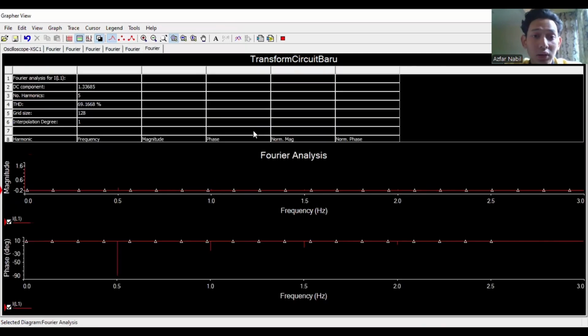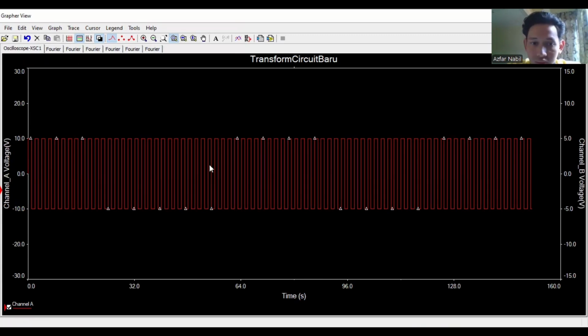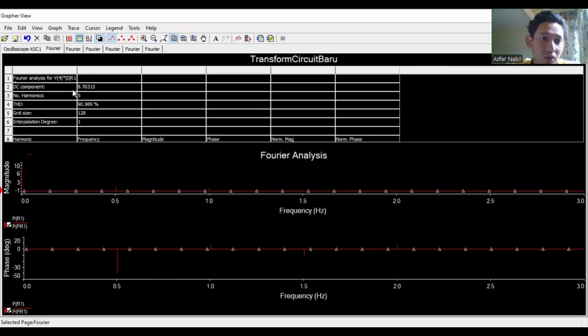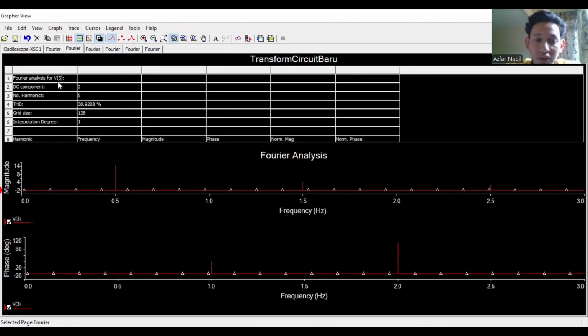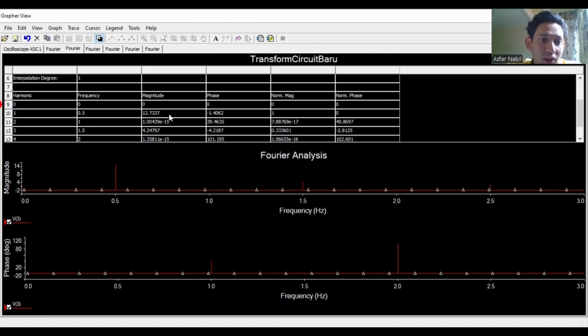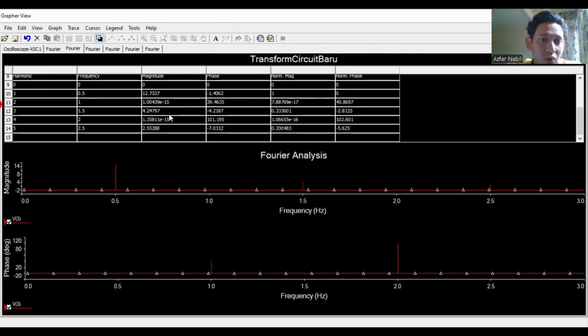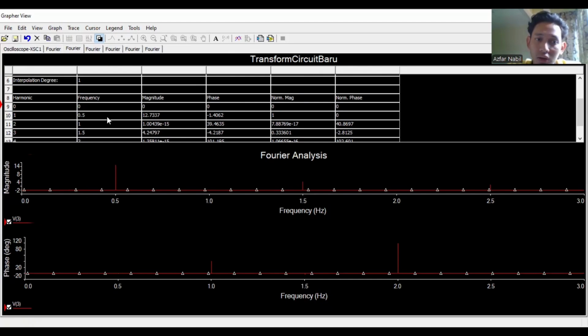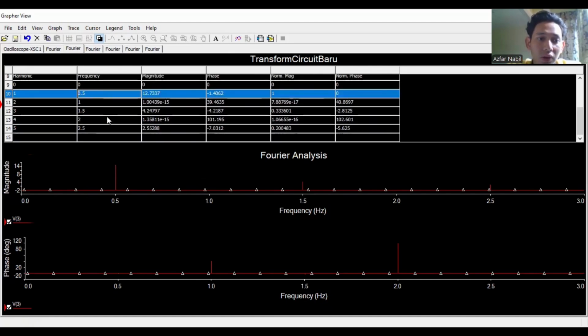This is our result for the Fourier analysis. This is the oscilloscope result. Then this is V3, and this is our harmonic for V3. We use 0.5, 1.5, and 2.5.